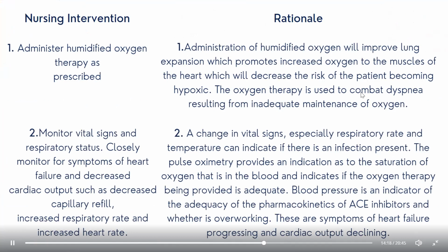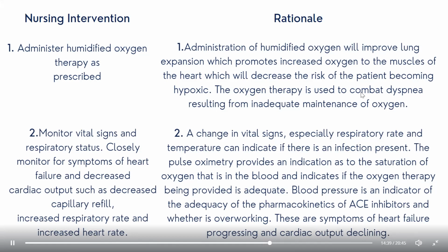Number 2. Monitor vital signs and respiratory status. Closely monitor for symptoms of heart failure and decreased cardiac output, such as decreased capillary refill, increased respiratory rate, and increased heart rate. A change in vital signs, especially respiratory rate and temperature, can indicate if there is an infection present.